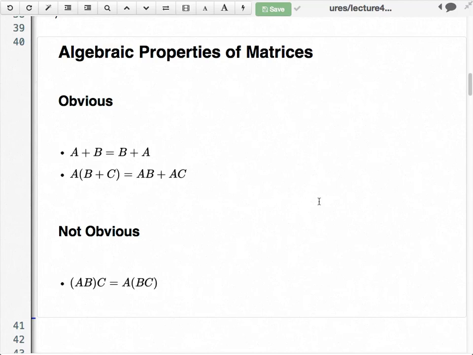Seem reasonable? Annoyingly algebraic, but still it's fine. It's really a pretty simple calculation. I wrote down a formula, just unwinding the definitions more algebraically, for the ij entry of A times (B plus C). Now let's do the same thing for the ij entry of A times B plus A times C.